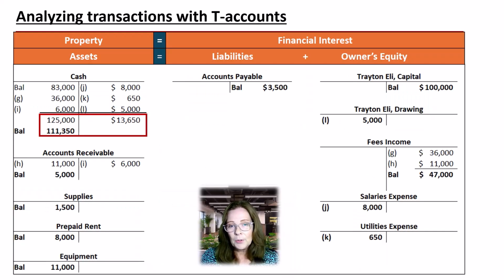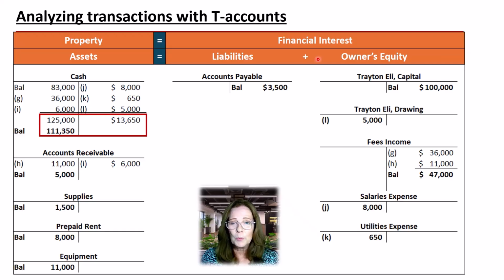Now that we entered the last transaction into the T accounts, we can sort the T accounts into the assets, liabilities, and owner's equity categories. And we also need to figure out whether we're still in balance. That is why the next step is to calculate the totals for each column of the T accounts and calculate the balance.